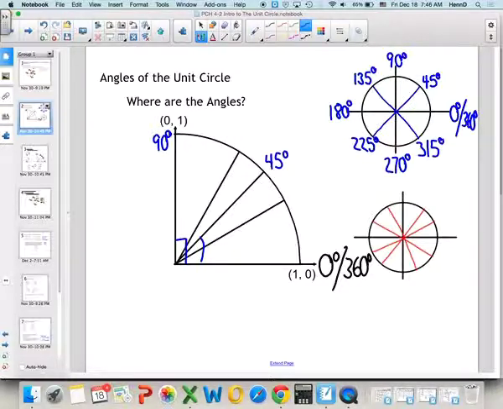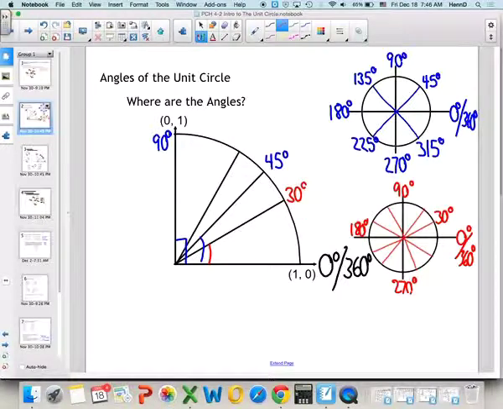We also divide it up a different way. You can see this circle down here with the red angles. Again, we start at 0, and all these main angles are obviously the same: 0, 90, 180, 270, and of course 360. But now we're divvying these angles up and counting by 30s. So this is 30 degrees, the angle right here.